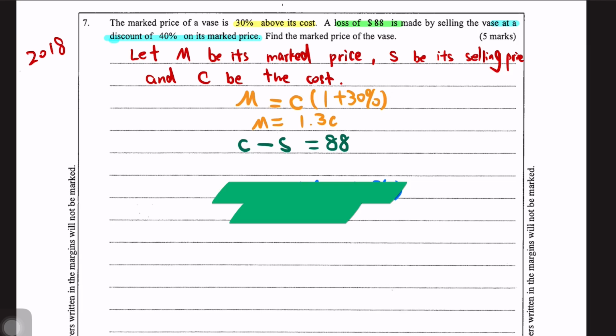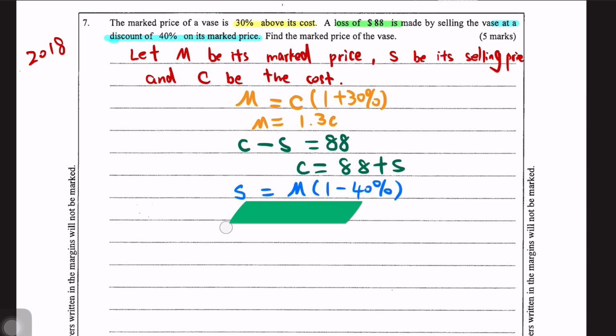So you will have the positive number here. So you can simplify it by adding up these two. Make C the subject, and then the third sentence, so it's sold at a 40% discount. So what we have here is S equals the mark price times 1 minus 40%, and then simplified it, we have 3 equations here.